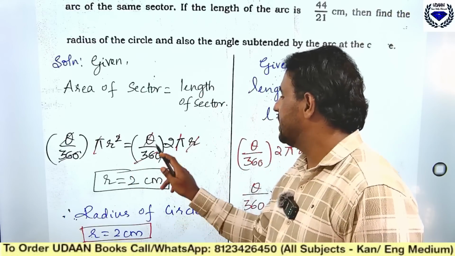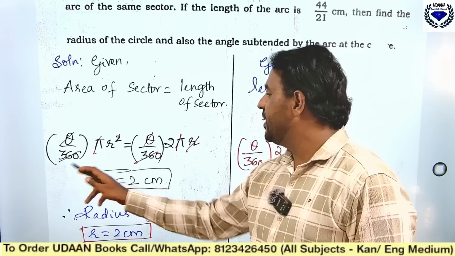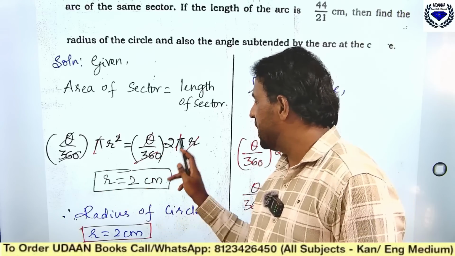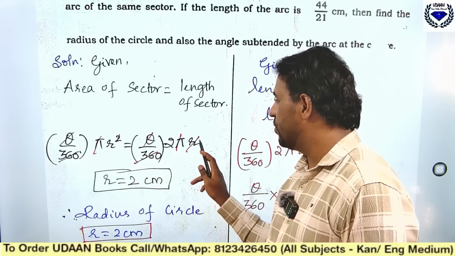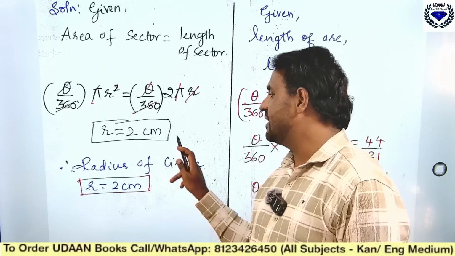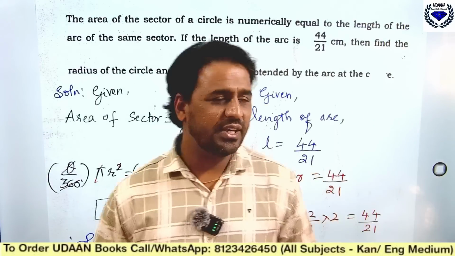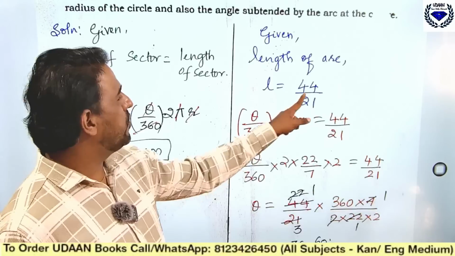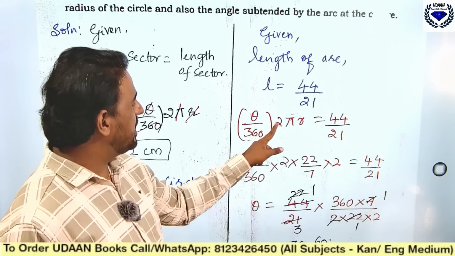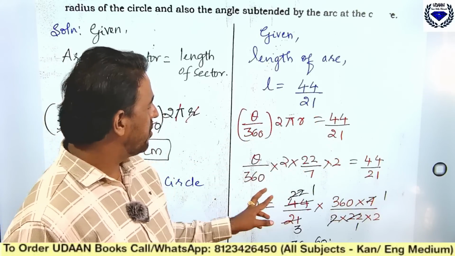The length of sector is theta by 360 2 pi r. Theta by 360 get cancelled, pi get cancelled, r square is equal to 2r. R get cancelled, you will get r is equal to 2, radius is 2. Now length of the arc is given as how much? L is equal to 44 by 21. Theta by 360 2 pi r is equal to 44 by 21.